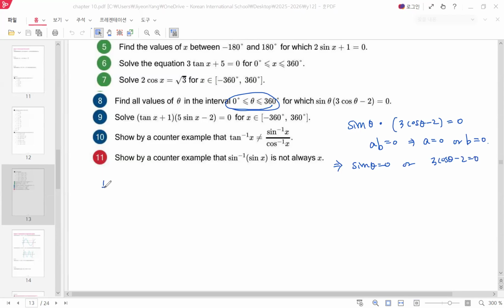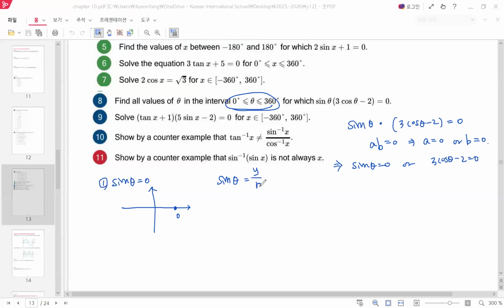So firstly, let's solve sine theta equals 0. Basically sine theta is 0 when the y coordinate is 0 on the x-axis, right? Bring back your memory, sine theta is defined as y over r.